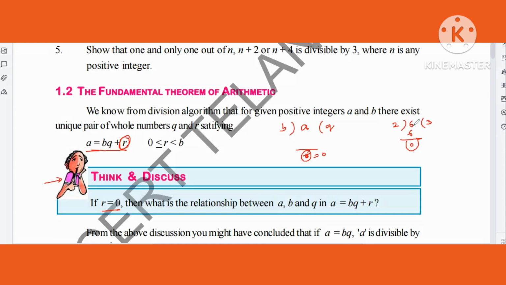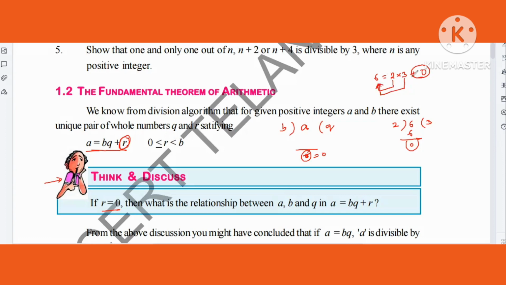Here 2 3s are 6, which means I can write 6 as 2 into 3 plus 0. The remainder is 0 here. So you can say that 2 is a factor of 6 and also 3 is a factor of 6.